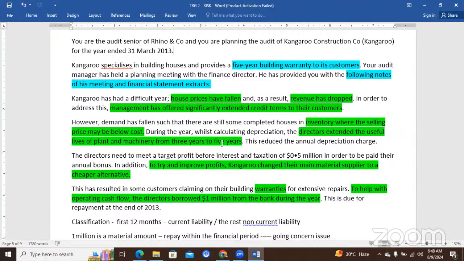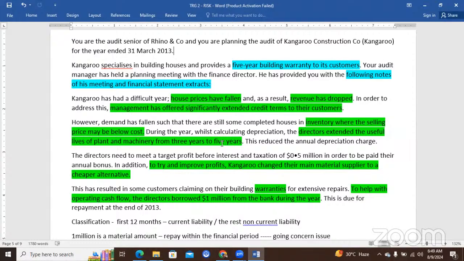But if you look at it from the standard perspective, it is permitted because the useful life is an estimate. So the IAS 8 standard permits us to change estimates. And also the IAS 16 property, plant and equipment standard permits revising depreciation or revising useful life. And once it is revised, depreciation needs to be calculated based on the new useful life.